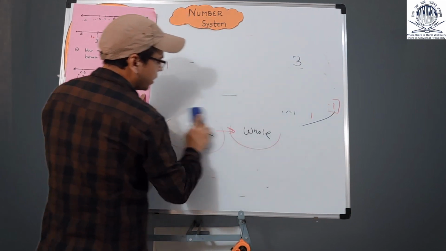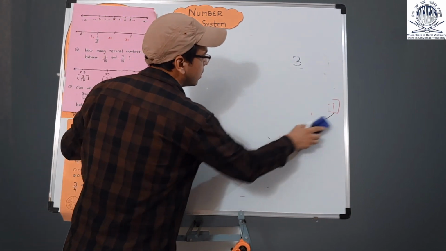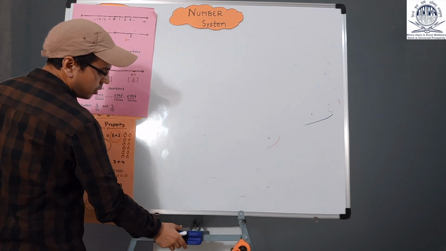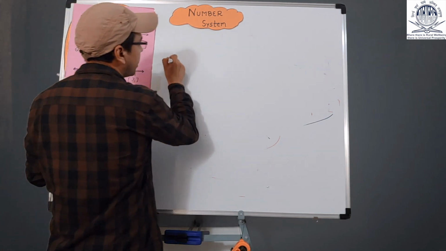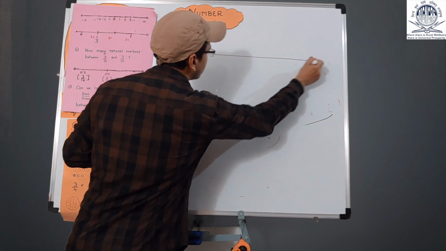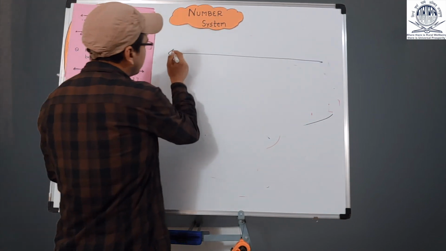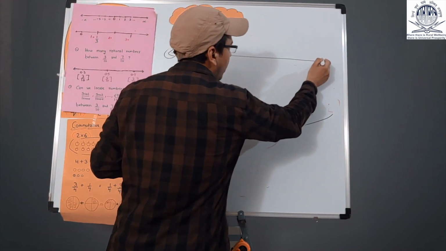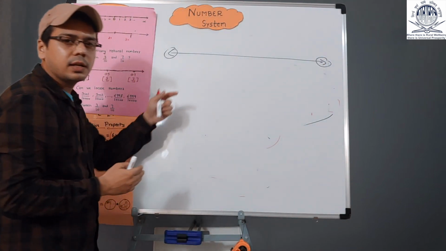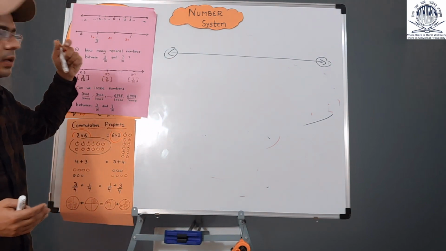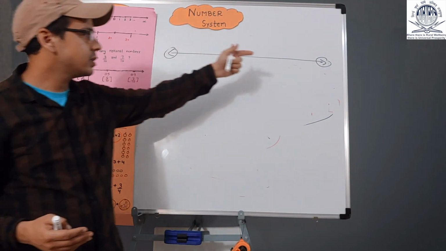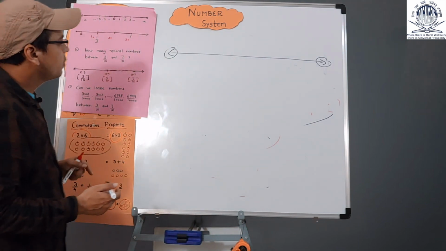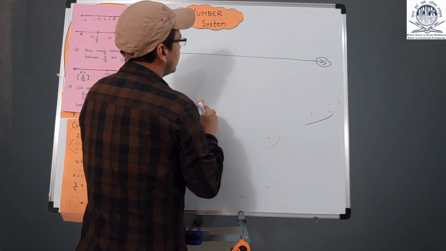Let's say I'm going to draw a number line and choose the numbers. The arrow on the left hand side and the arrow on the right hand side indicate that the line keeps extending on the left hand side and the right hand side, it's not finishing. Let me start with the neutral number, which is 0.